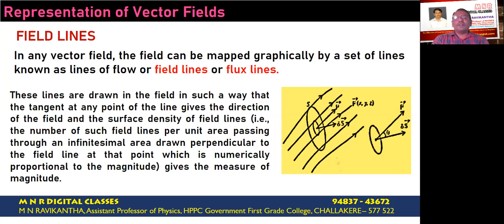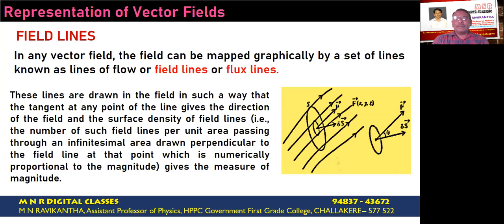So in simple words, at any point, the tangent drawn to the field line represents the direction. If you consider a small area of surface drawn perpendicular to the field line, then the number of field lines passing through that infinitesimally small area gives the magnitude of the field.